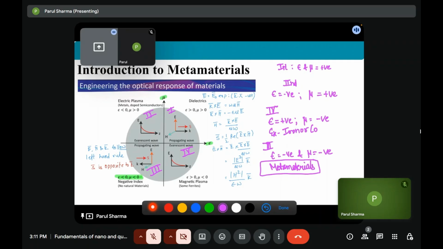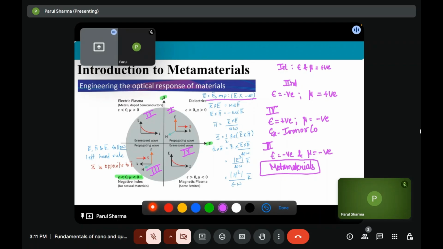First we will see what happens in a regular material. We assume that a plane wave is incident on the material, E is equal to E0 exponential of i(k·r minus omega t).